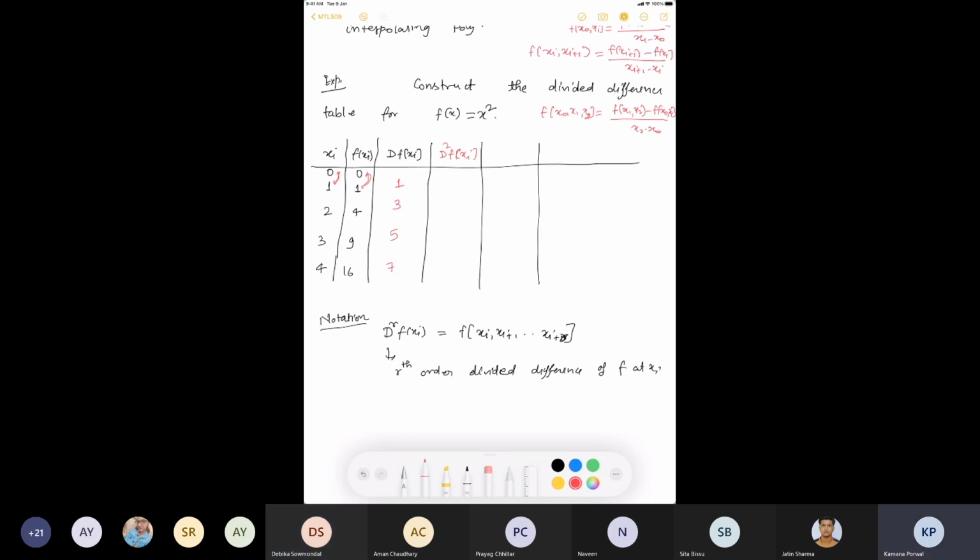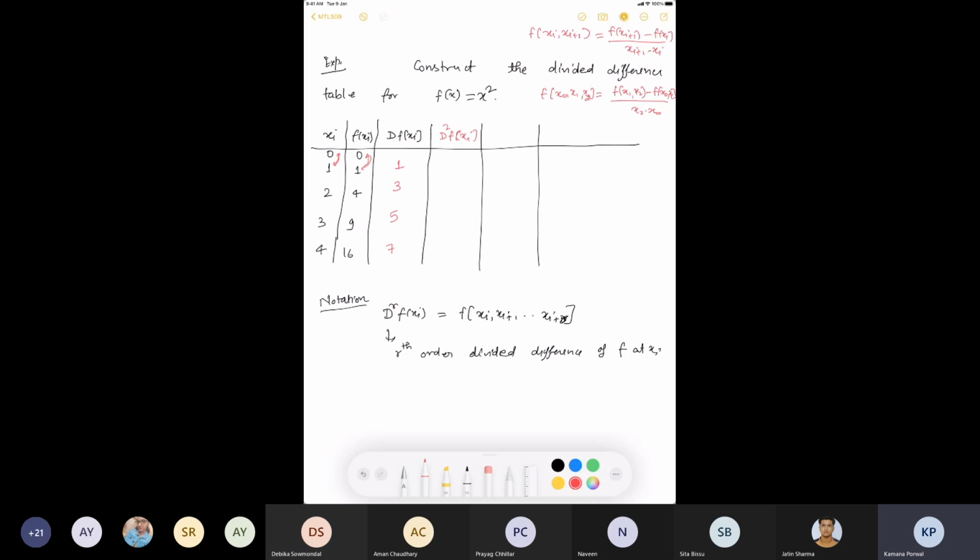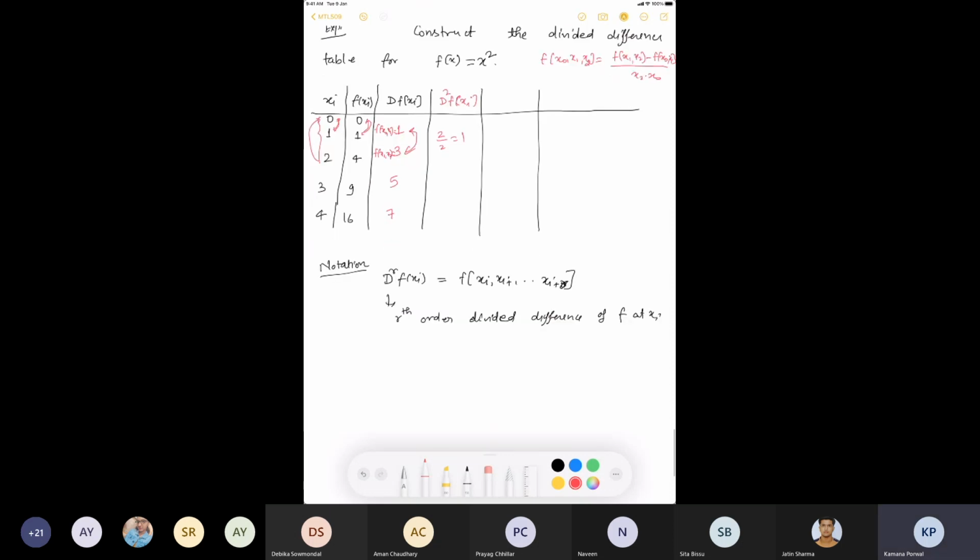So I have already computed the first order divided differences. So with these two indices, this is f[x0, x1], and this is f[x1, x2], like that, right? So if I have to compute this, I'm just going to take the difference of these two and then divide by the difference of the outer nodes, x2 minus x0. So what I will get is 3 minus 1 divided by 2 minus 0. So this is going to be 1, right?